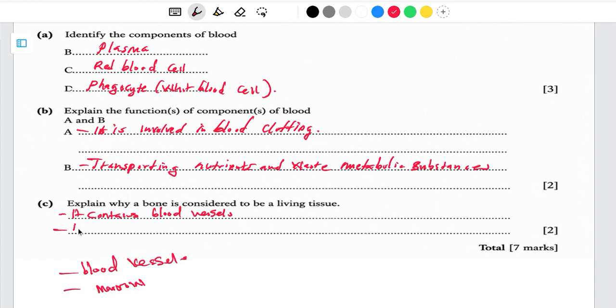So it can get affected by diseases. Then apart from that, it also produces blood cells like red blood cells and platelets. That is where most of hematopoiesis takes place in the bone. So it produces blood cells.